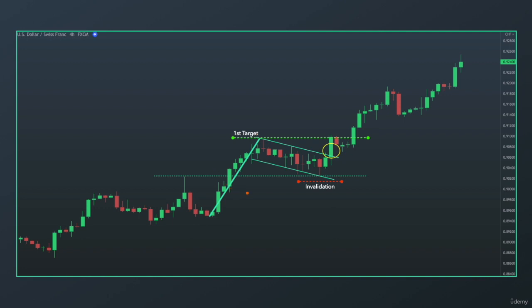This is our pole, point A to point B, plotted at the end of this flag pattern. So point C, then our target will be point D. All right.